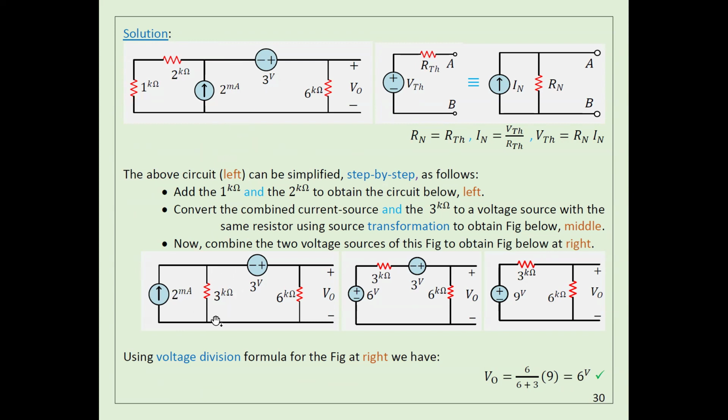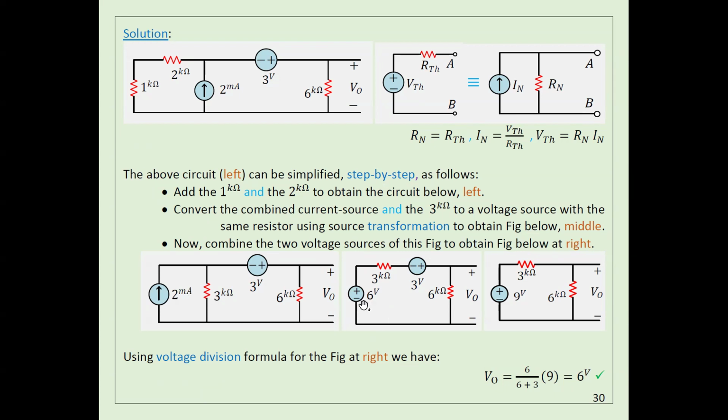Now I can simply replace this one, which is a current source. I can replace it by a voltage source this way. How can you make this change? What is the resistance? This resistance equals this resistance. Very trivial, very easy. The amount of the voltage here equals I times R, 2 times 3, which is 6 volts.